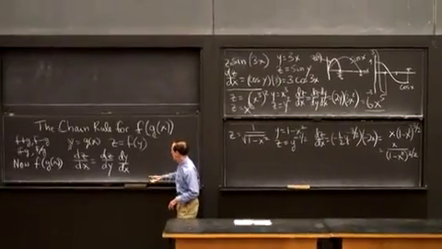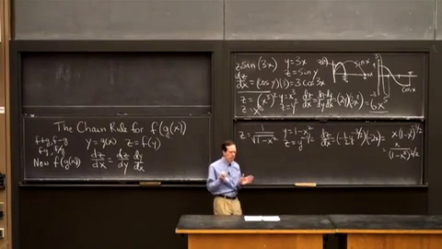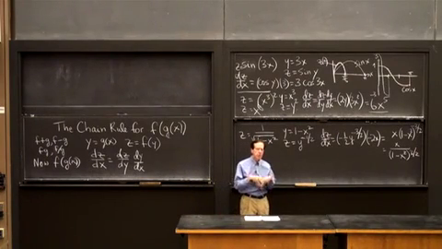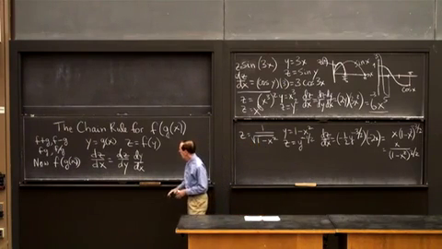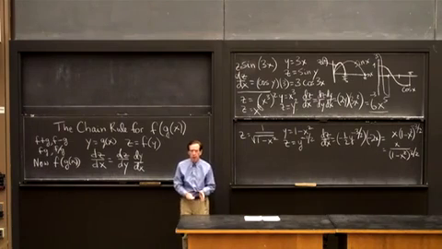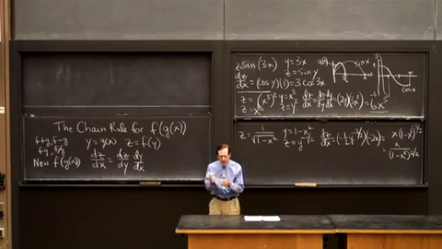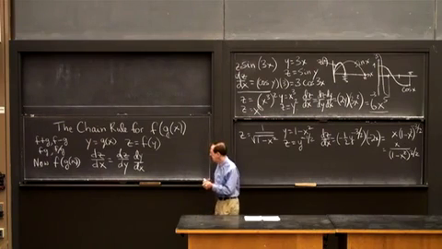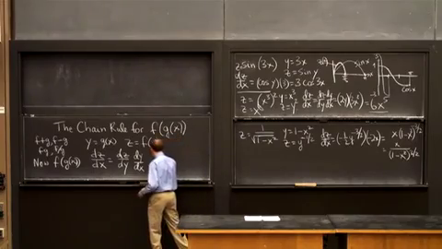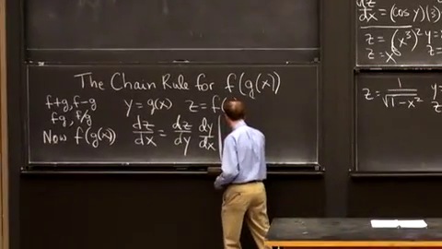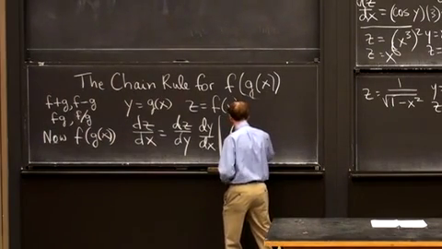But let me return to this board, the starting board, just to justify where this chain rule came from. Where do derivatives come from? Derivatives always start with small finite steps, with delta rather than d. So I start here, I make a change in x, and I want to know the change in z.